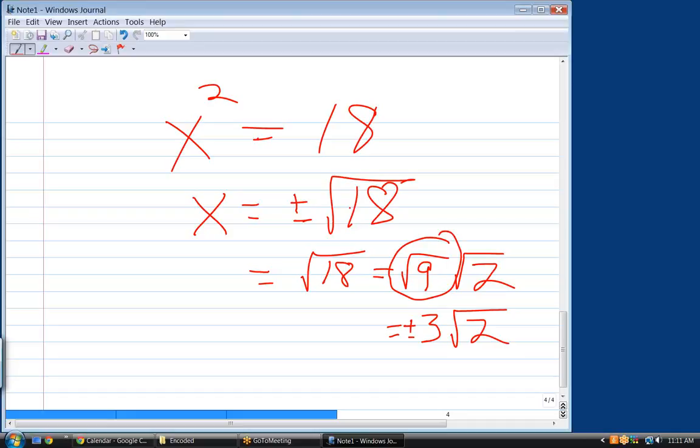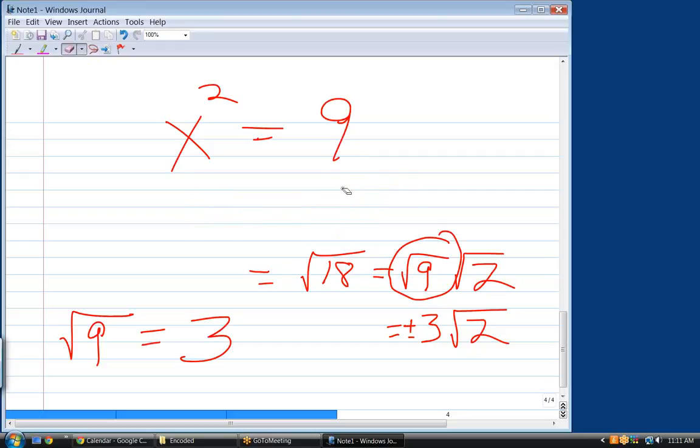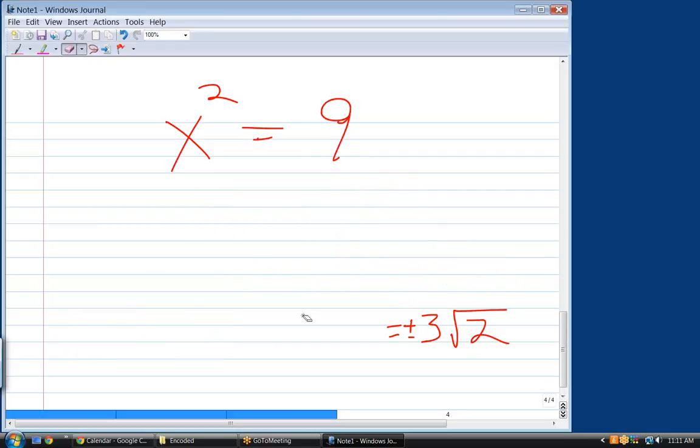Now, let's talk about this for a second. If I write the square root of 9, that is equal to plus 3. With me? Yeah. It's only if I am taking both sides of an equation, where if I have that as an equation and I write the square root of both sides, the square root of 9 is really plus or minus 3.